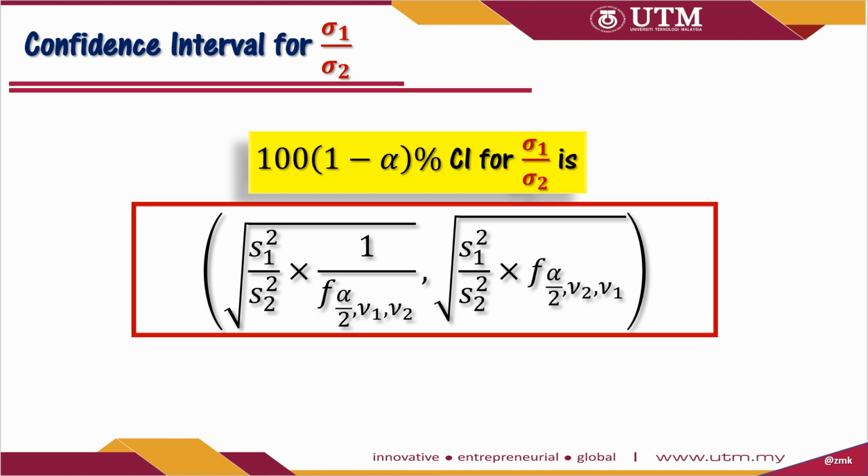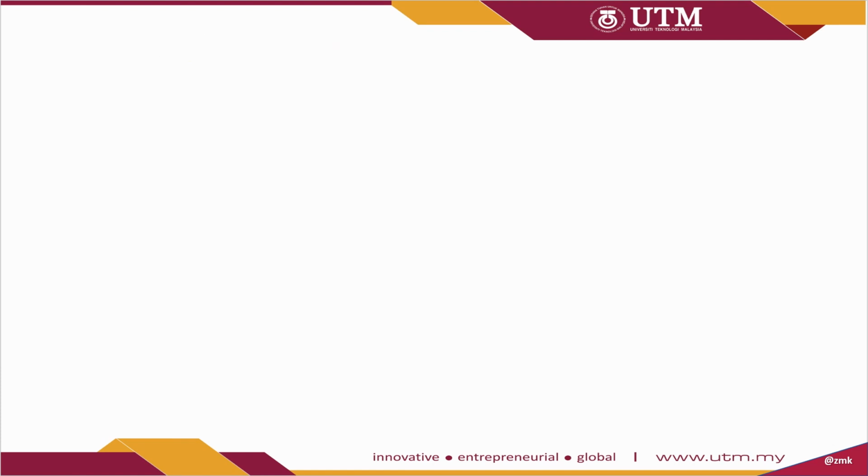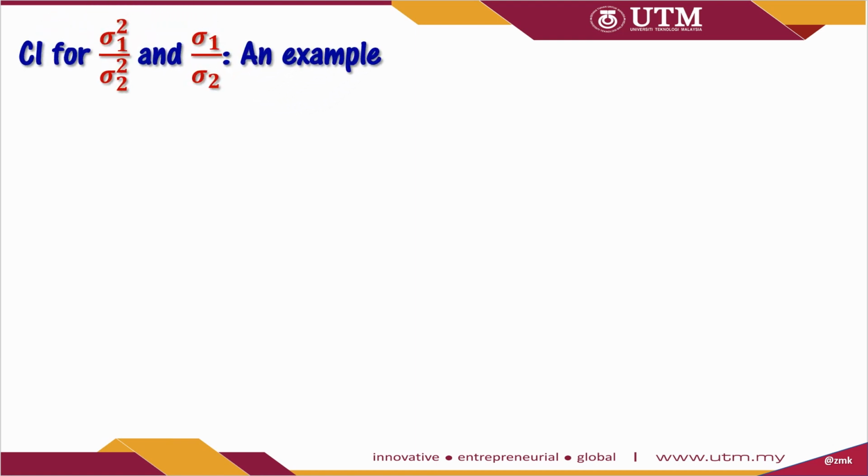Let's now look at an example on constructing a confidence interval for the ratio of two unknown population variances and standard deviations in the next slide. Let's look at an example on constructing a confidence interval for the ratio of two population variances and standard deviations.